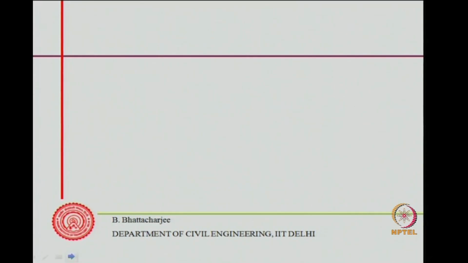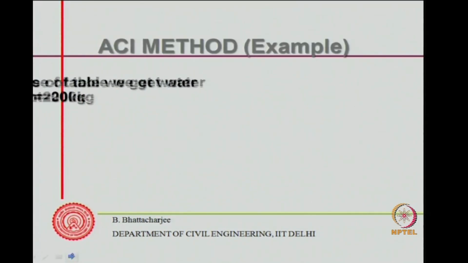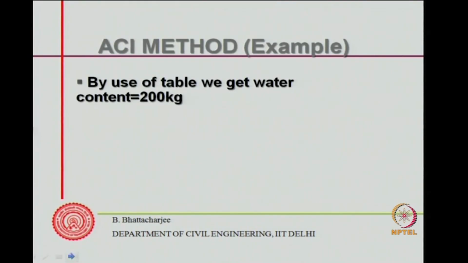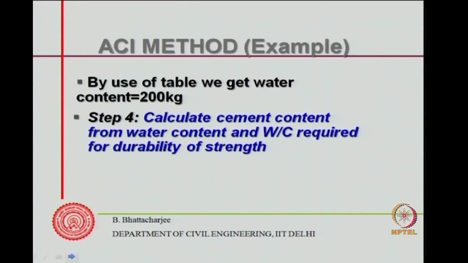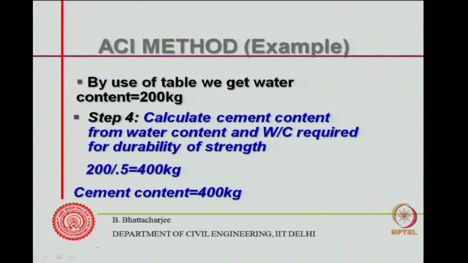Now, we can find out the cement content. The water content was 200. If I take the water cement ratio as 0.5 approximately, for ease of calculation, this will be 400 kg. Let us say my water cement ratio specified for durability is 0.5.